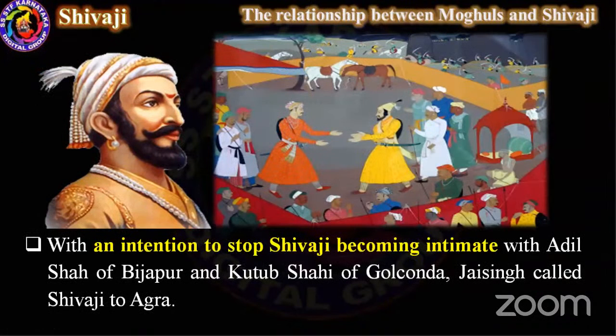With an intention to stop Shivaji from becoming intimate with Adil Shah of Vijaypura and Qutub Shah of Golconda, Jaisingh sent an offer to Shivaji to meet Aurangzeb in Agra, to control his activity in southern India.